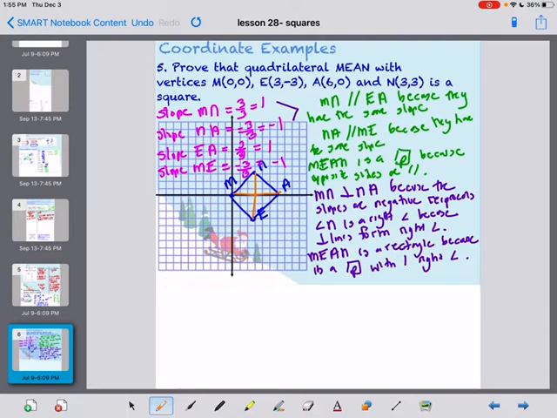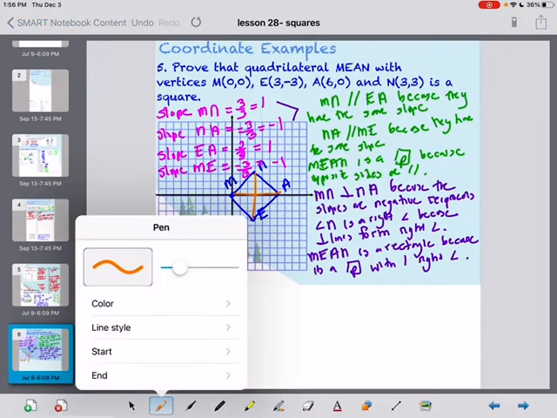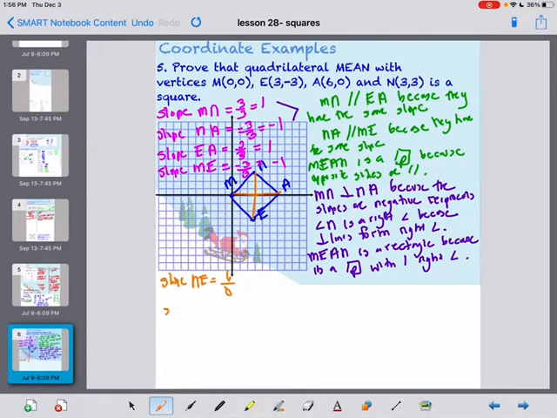So the slope of NE is 6 over 0. The slope of MA is 0 over 6. Now, at first glance, those don't look like negative reciprocals, but these are special slopes because one line is straight up and down vertically and one line is straight left and right horizontally.